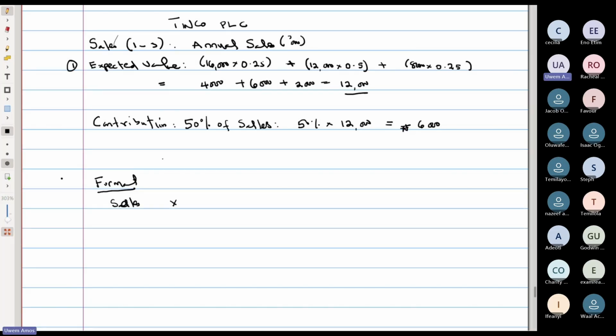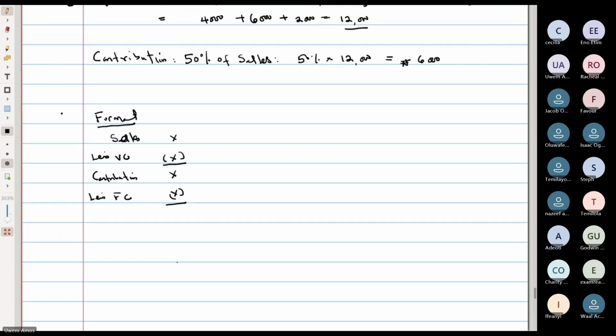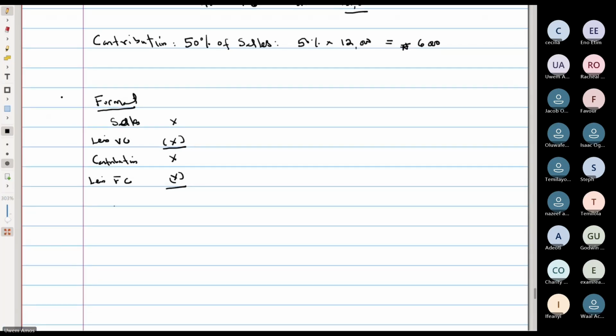You can refer to our very first class for this format as well. You would have less your variable cost, and that gives you your contribution. And then you less your fixed cost, and that gives you your cash flow before tax based on the format we are using.